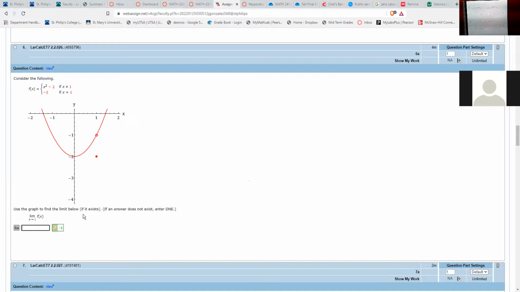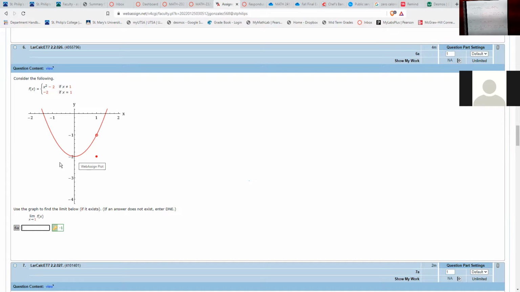Okay, so basically, if it's asking for a specific number in the function, sorry, I'm explaining this so badly. In this case, it's giving you the function and the limit's 1. So you look at 1 and then see what's on the y value, and that's the answer.